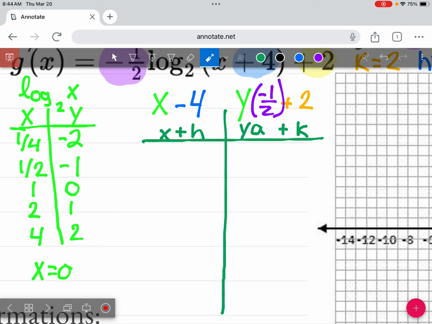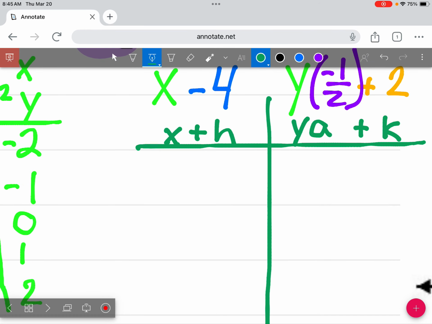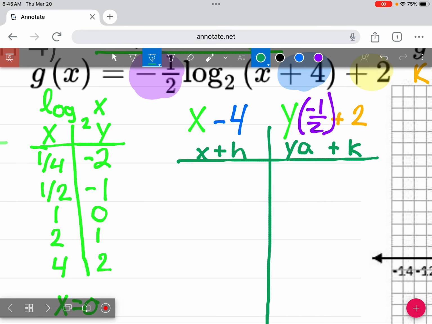I highly recommend using a calculator on these. Don't need to make it harder for no reason. So we're going to have our 1/4 minus 4. That's going to probably give you a fraction. If you hit the 2 arrows above the enter key, it should give you minus 3.75.